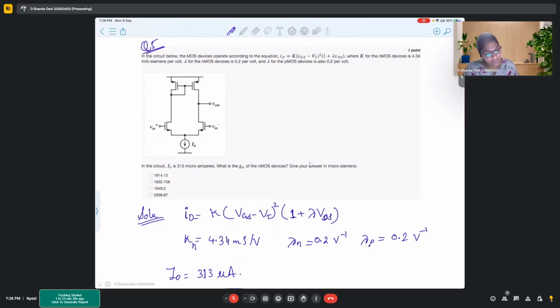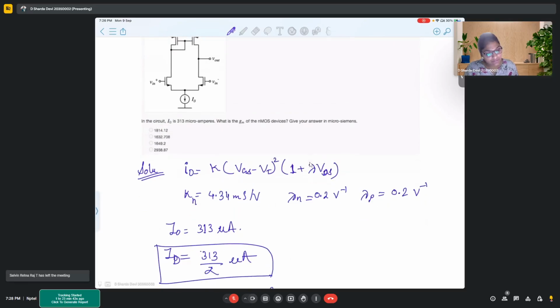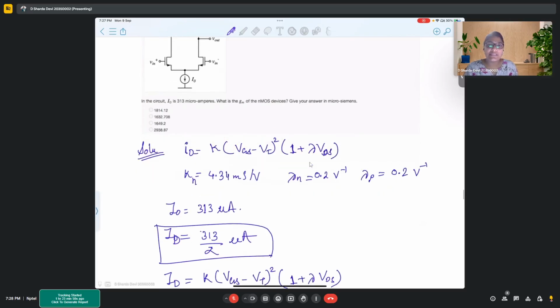Like in this problem, if we want to go for solving this ID and calculating the gm, it would have been a tedious process. And nothing has been given: no VT, no VG, no VD, no VS. There is no voltage provided to you.